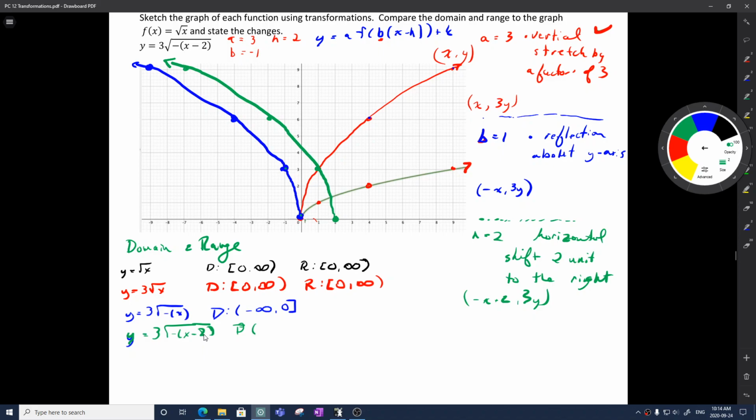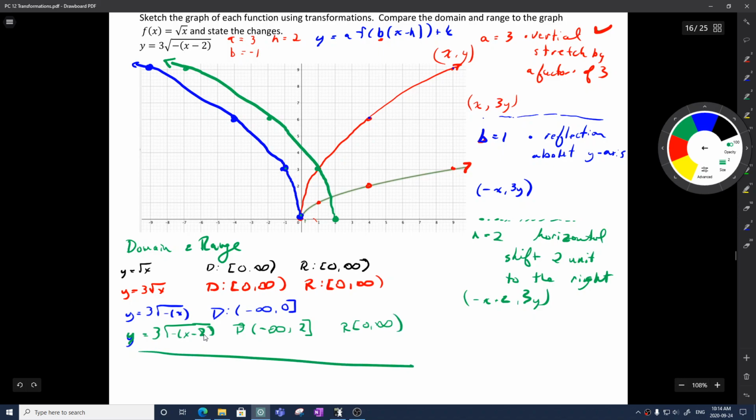I'm going to add 2 to my previous x coordinates. So negative infinity plus 2 is still a whole lot of negative infinity. 0 plus 2 is 2. So that would be my domain. My range still remains unchanged. So there you have it.